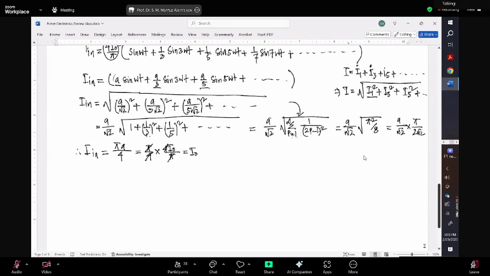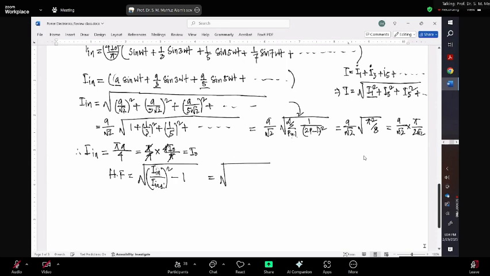So now this is the RMS value of the input current. Now if you want to calculate the harmonic factor, what is the definition of harmonic factor? That is the input current RMS value over the input current first harmonics value, squared, minus 1.